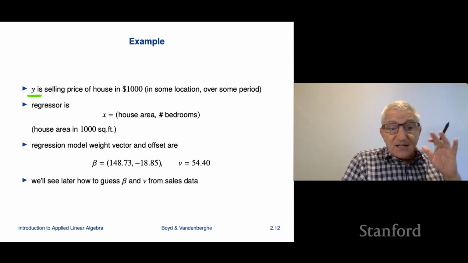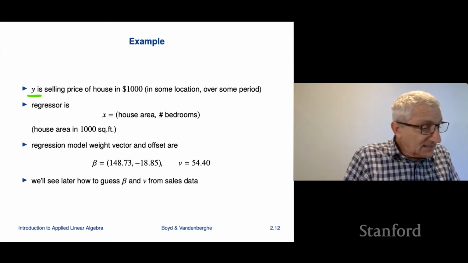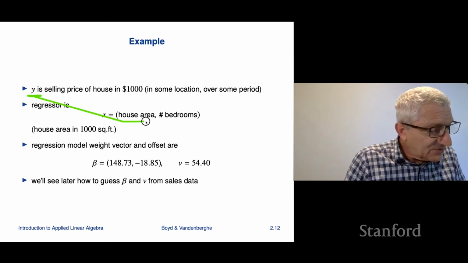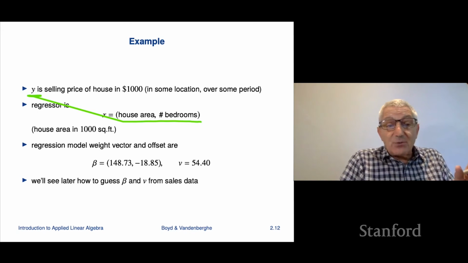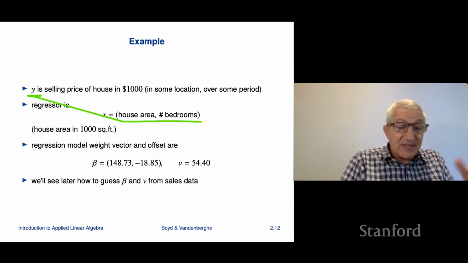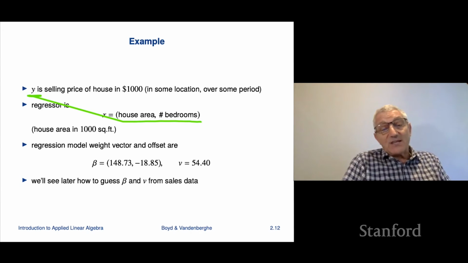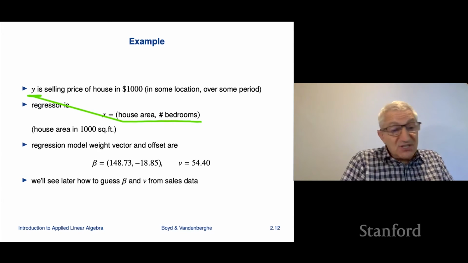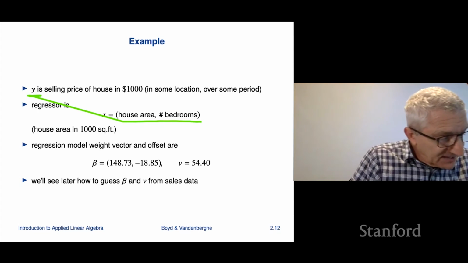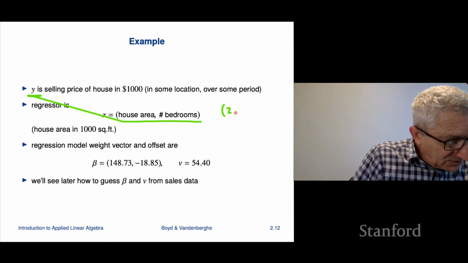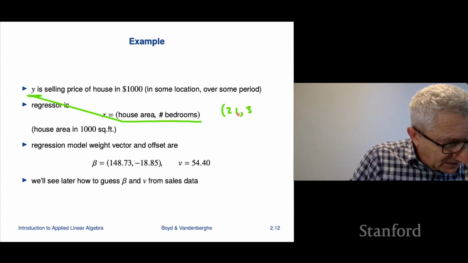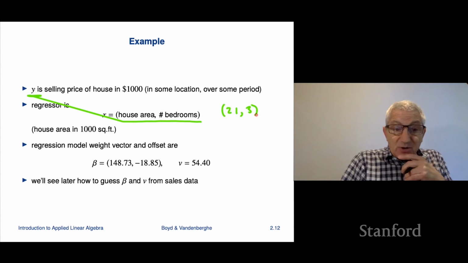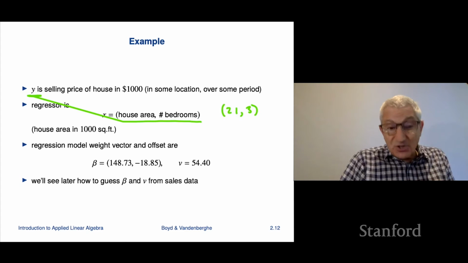And the regressor is going to be extremely simple. The feature vector is going to have just two features, right? The house area is number 1, and the house area we're going to give in thousands of square feet. So a 1,000 square foot house is a 1, and bedrooms is going to be, of course, just the integer. So for example, 2.1 comma 3, that's a 2,100 square foot house with 3 bedrooms, just for example.